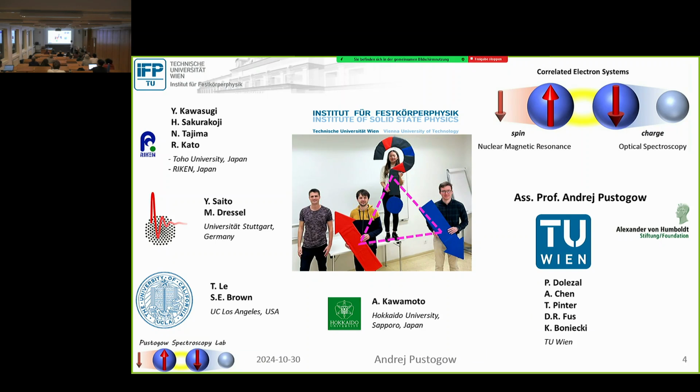Yes, and there I'm doing research on correlated electron systems. Here we have a picture of some group members working on organics. As I mentioned, Annie Chen managed to get here from Lausanne.